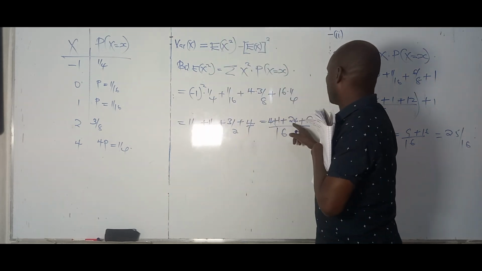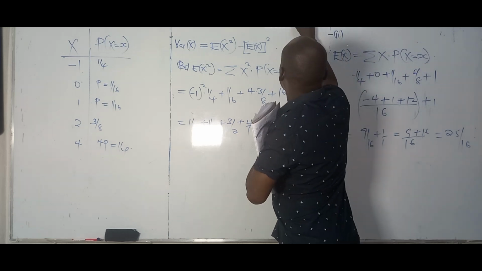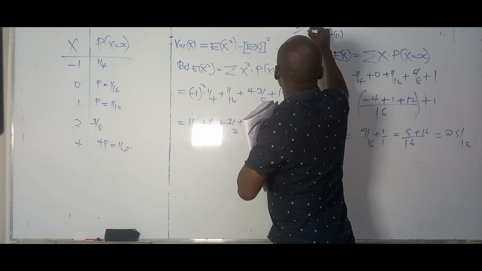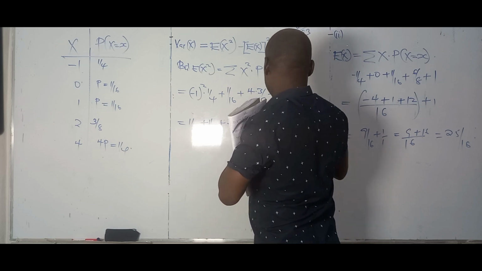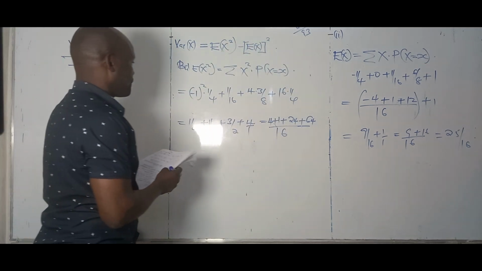So 5 plus 24, that's 29. 29 plus 64, I get 93. So this gives me 93 over 16.